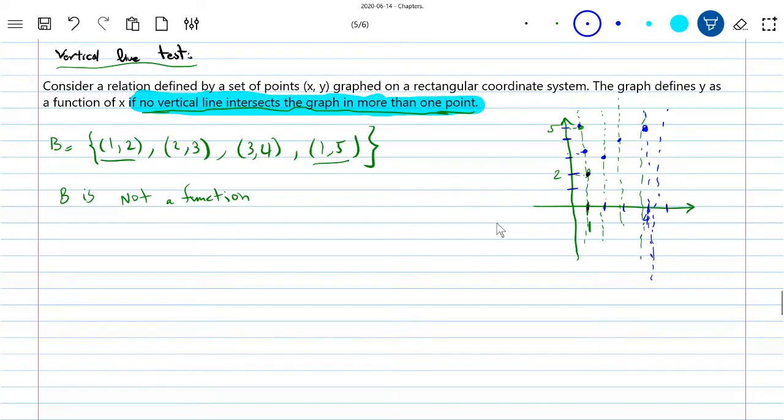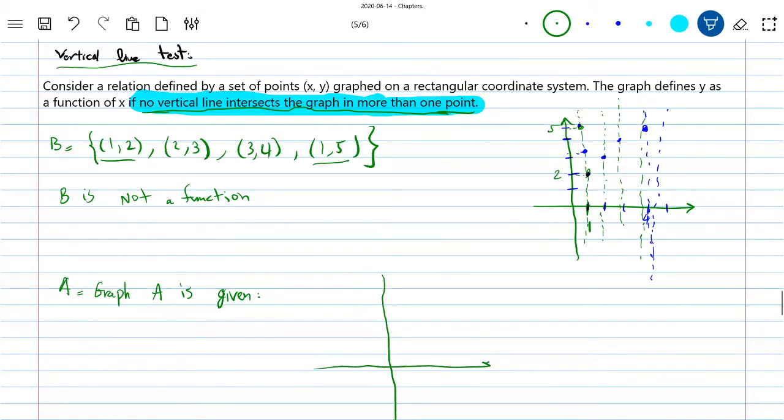But this is normally used when you graph a function. So let me show you an example. Let's say instead of giving you a set A or B, I said a graph A is given. Here you draw A. We know circle already.